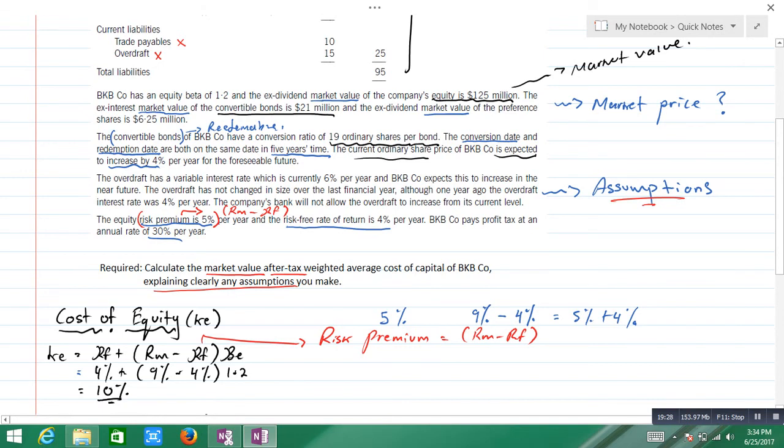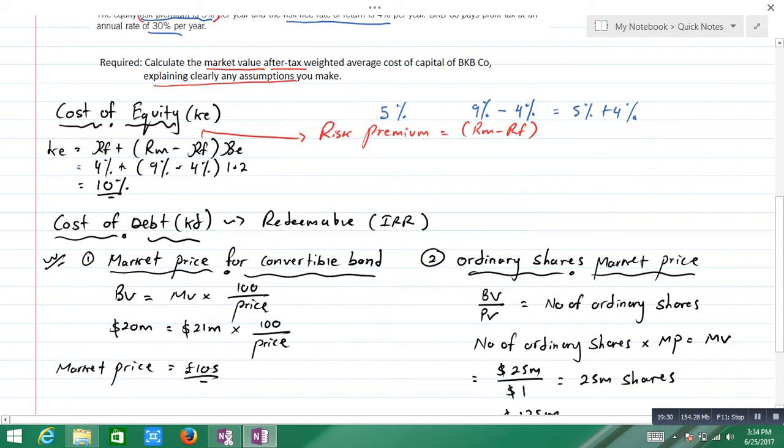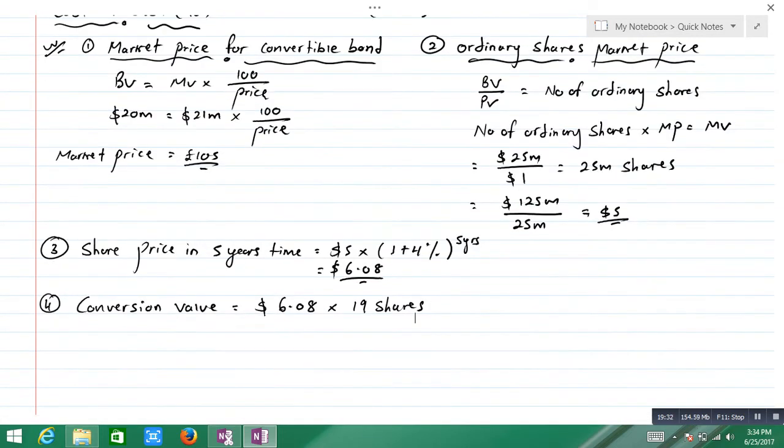Normally students forget this part, and they will straight take $5 times 19 shares. That will be a wrong answer. So don't do that in the exam.